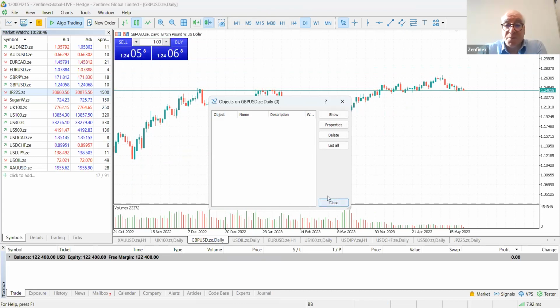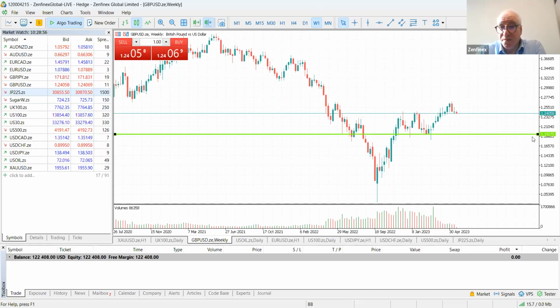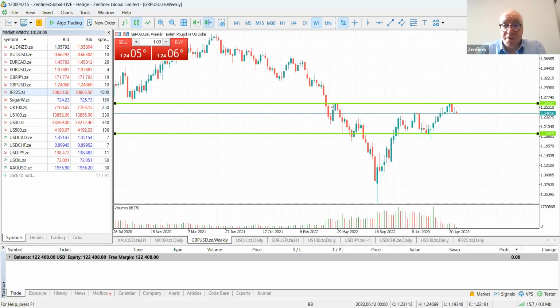Let's start from a weekly perspective and start framing where we are now. So from a weekly perspective, this is an area of support. So from a weekly perspective, that's a very strong level of resistance.